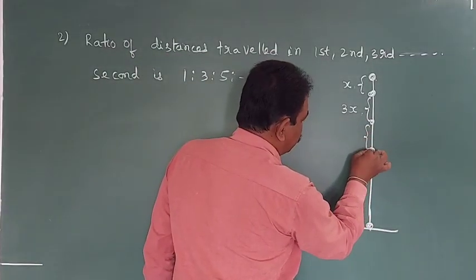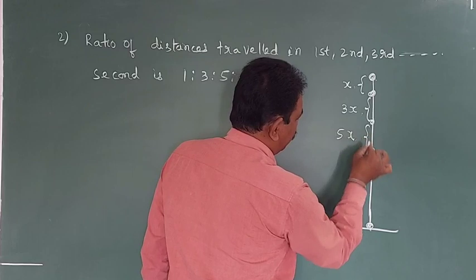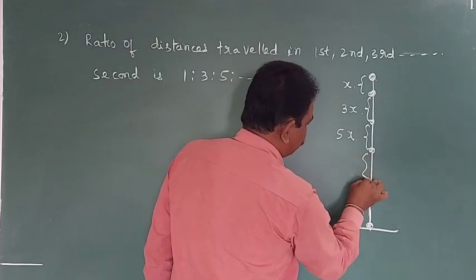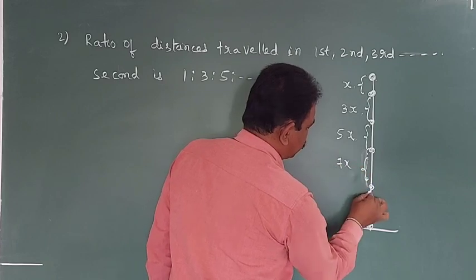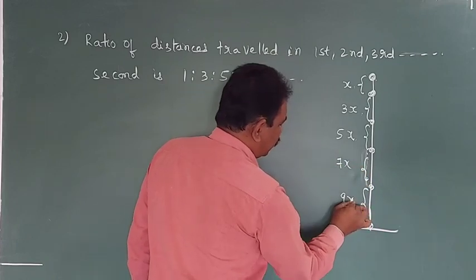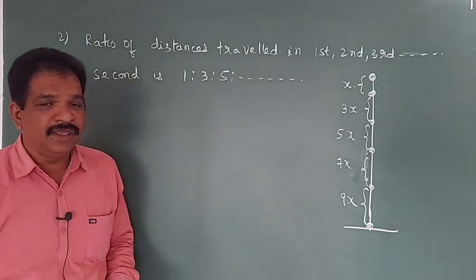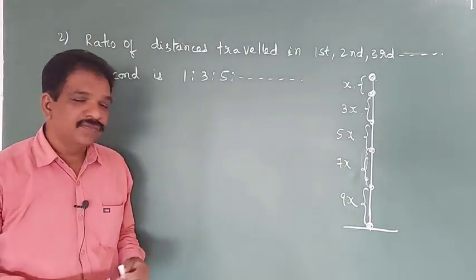In the third second it will travel a distance 5x. In the fourth second it will travel a distance 7x. In the fifth second it will travel a distance 9x.